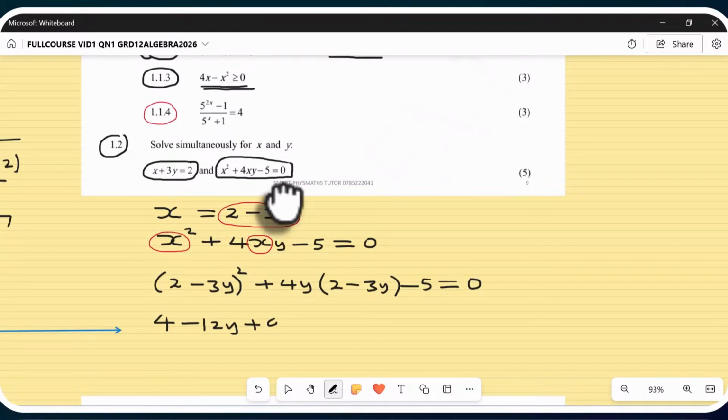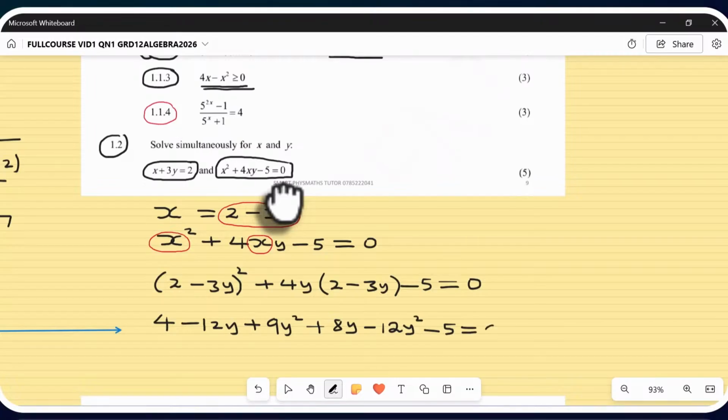So now 9y squared minus 12y squared gives me negative 3y squared. Then negative 12y plus 8y gives me negative 4y, and then 4 minus 5 gives me negative 1, equals 0.